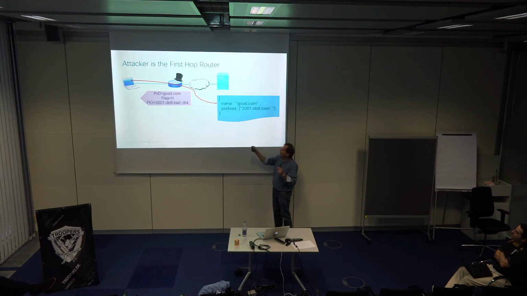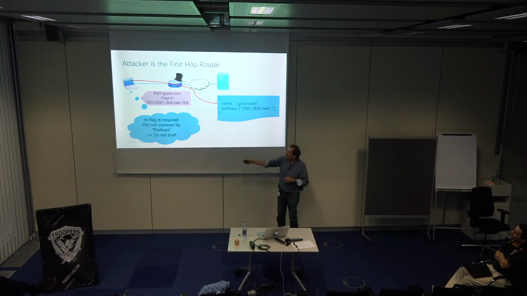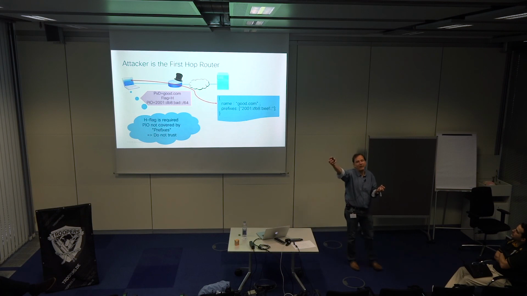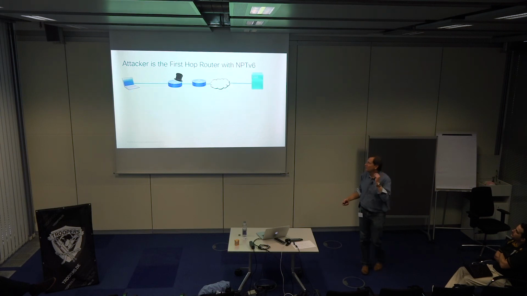So the PC receives it, and then, oh, the PIO I received, bad, is not part of this prefix. I'm wrong. The prefix I receive in the RA does not match the one I receive over HTTPS. Something is wrong. Do not trust. Do not present to the user.